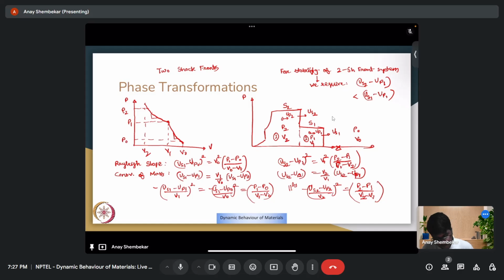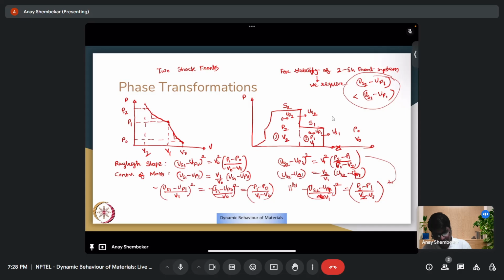And for the two shock front system, we have this equation: US1 minus UP1 upon V1 whole square. For the two shock front system, we have this condition.